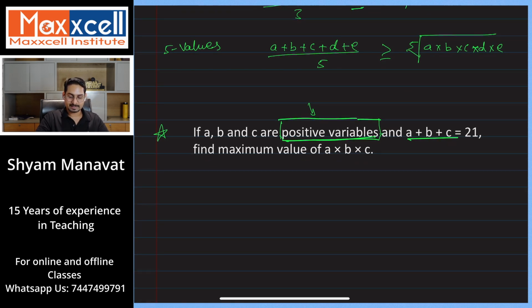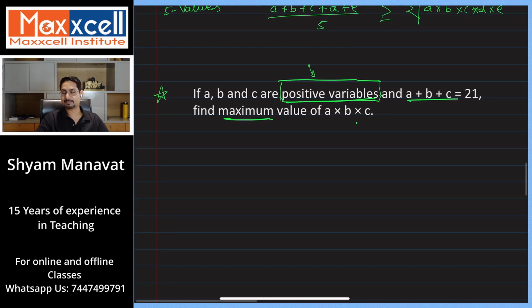Now see, question, example. If A, B, C are positive numbers, then A plus B plus C being 21, what is the maximum value of A into B into C? आपको ऐसा जब भी दिखे, अर्थमेटिक ज्योमेट्रिक मीन का रिलेशन लगा दो. कैसे लगाओगे? You have A plus B plus C, which is 21 here.